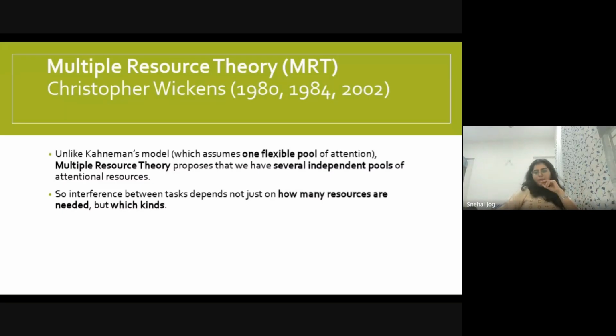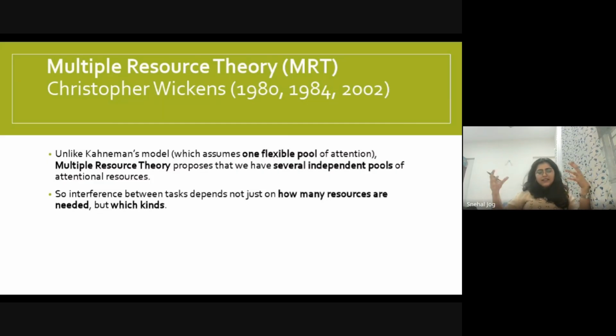Multiple resource theory proposes that instead of there being one flexible pool, we have several independent pools of attentional resources. Okay? So, whether or not there is interference between tasks depends not on how many resources are needed per se, but what different kinds of resources are needed.